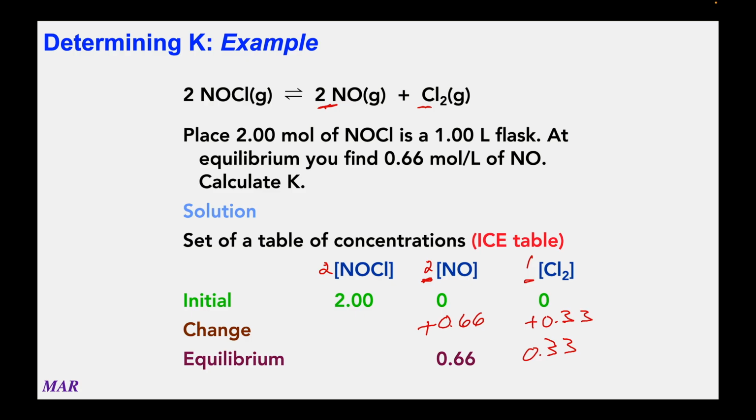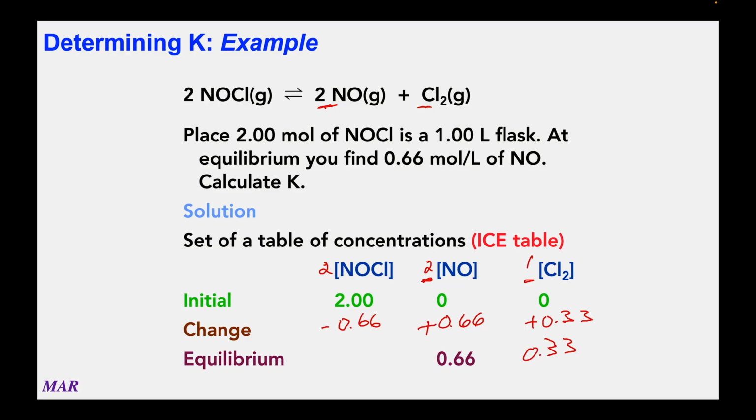With a 2-to-2 ratio of NO to NOCl, and NO being made, the NOCl has to go down by 0.66 moles per liter. So NOCl is going down by 0.66, while NO is going to increase by 0.66, and Cl2 is going to increase by 0.33.